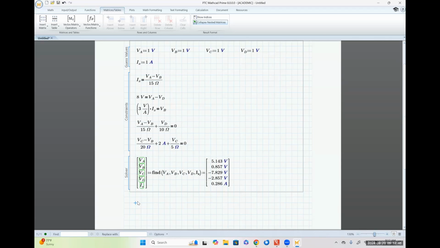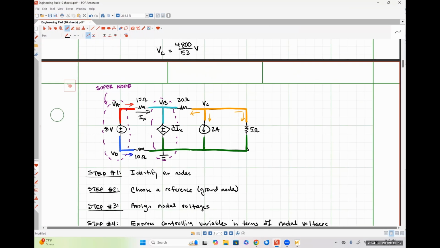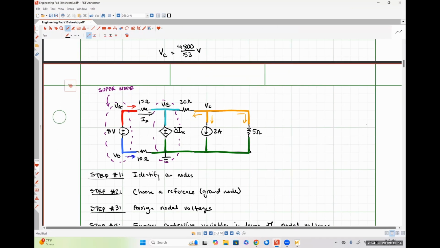Let me explain what I mean by that really quickly. If we looked at our circuit diagram here, and we wanted to find the power supplied by the 8-volt source, how would we do that once we've solved our system?